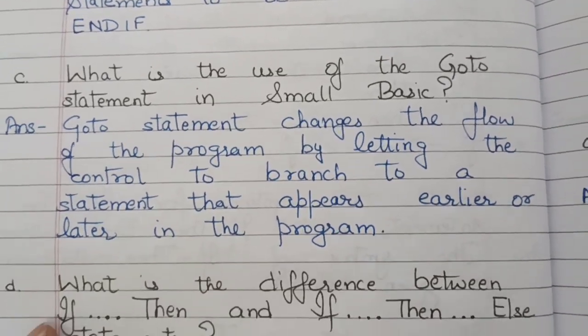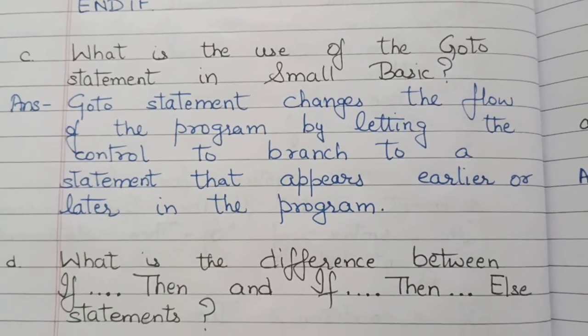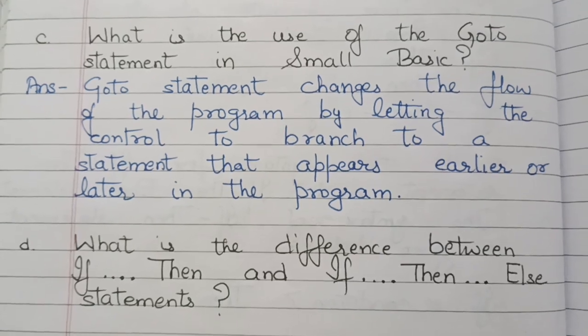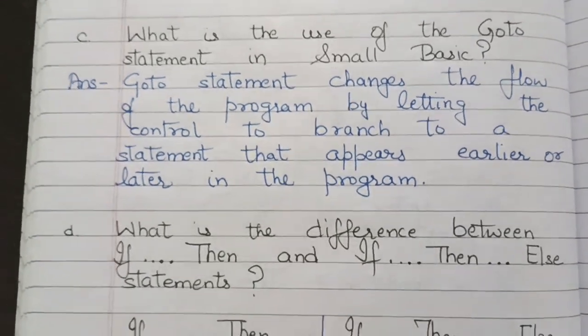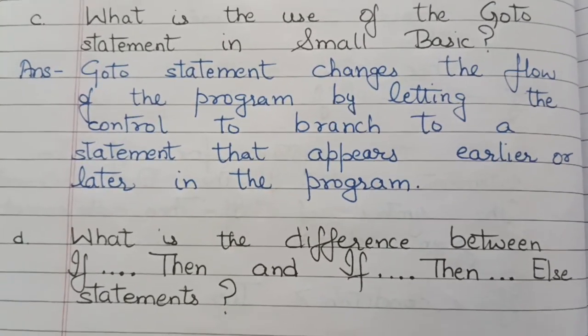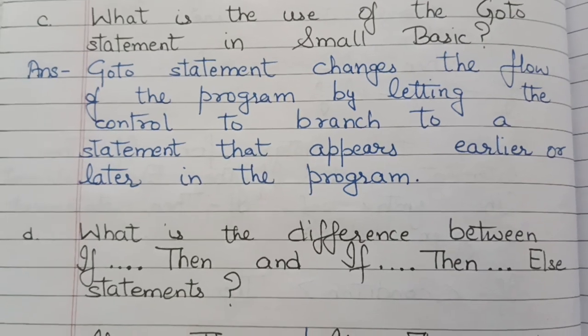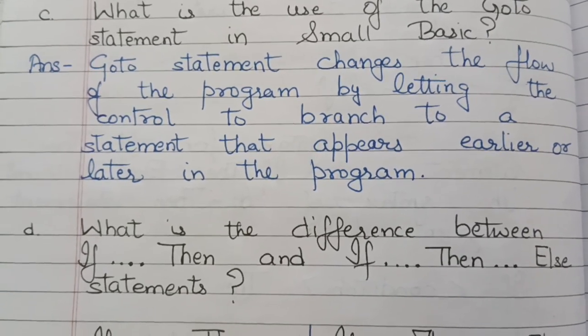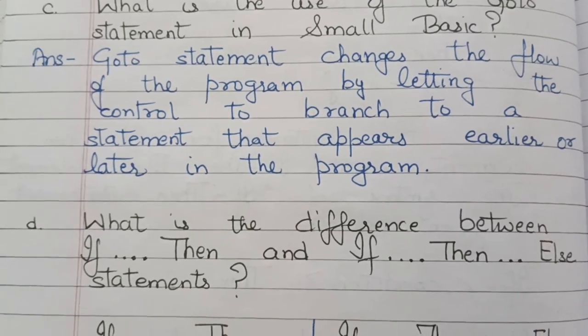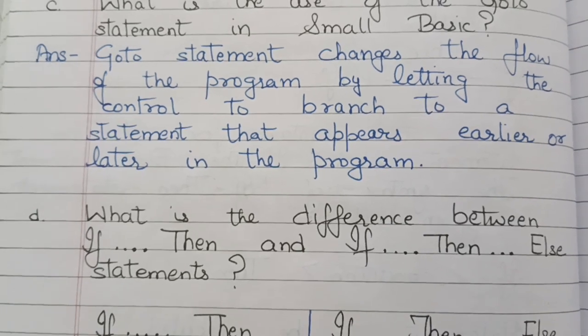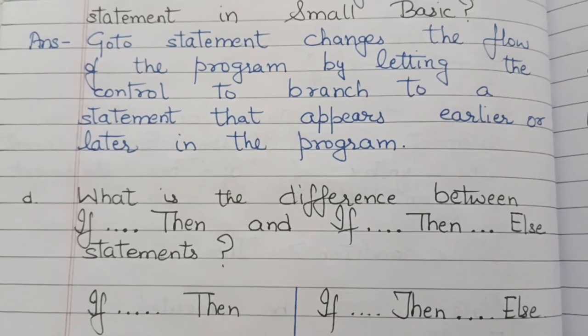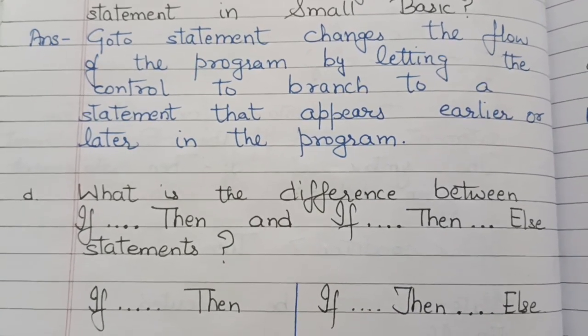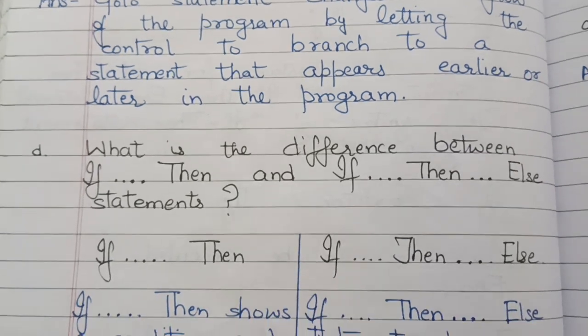Next, what is the difference between If Then and If Then Else statements? Whenever you write a question of difference, where you have to differentiate between two things, please put a line in between and write one thing on one side and the other thing on the other side. So If Then on one side and If Then Else on the other side.